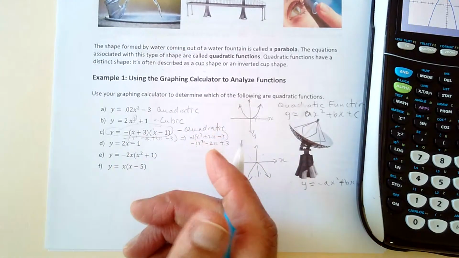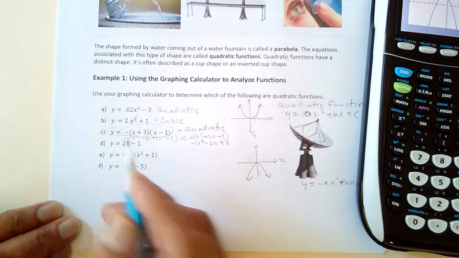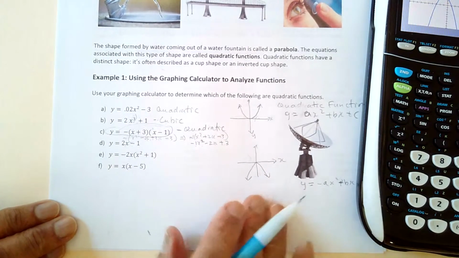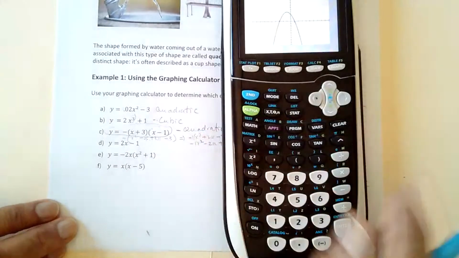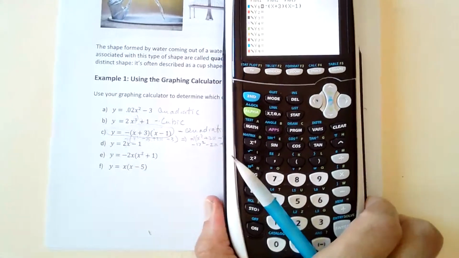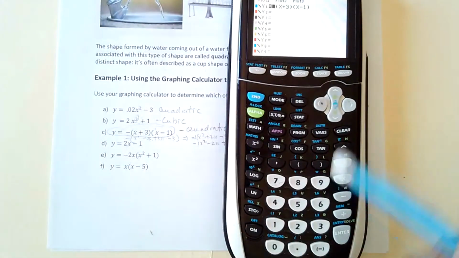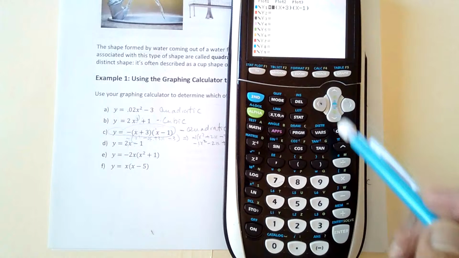The next one, 2x minus 1, you suspect that's a straight line. So let's try it out on our graphing calculator. We've done many of these in the previous unit. So I'll clear that.